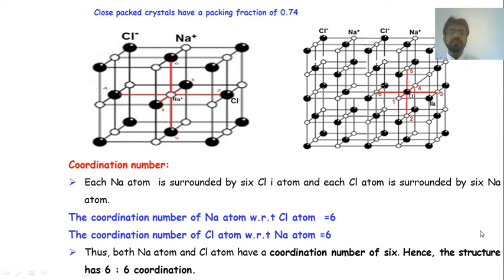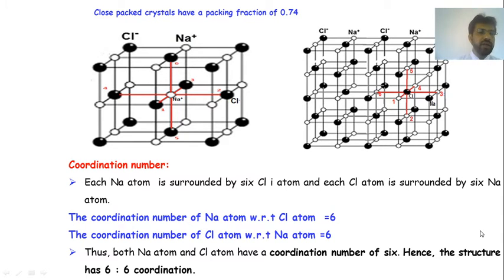Now the number of atoms present in the NaCl structure, the density of the atoms is comparatively large as compared to the simple cubic and the BCC type of structure. So the FCC structure has a packing fraction equal to 0.74.